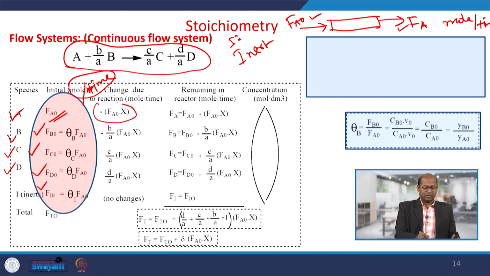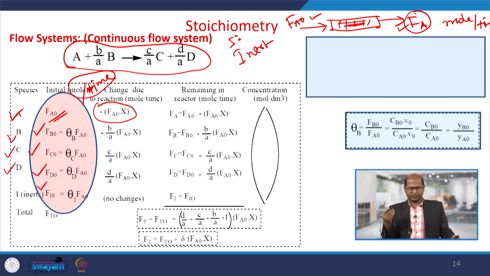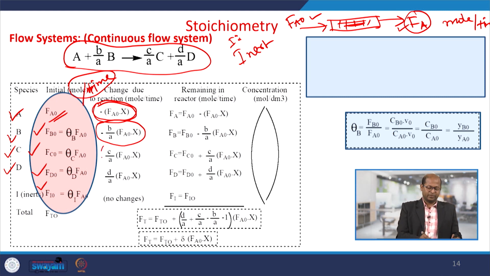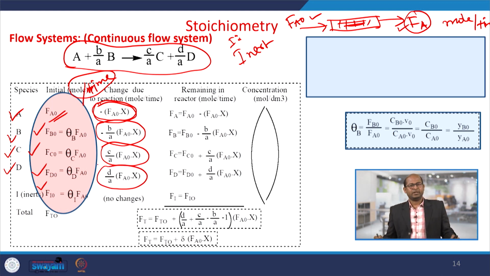After reactions take place inside the reactor, from the exit or outlet of the reactor, if you want to get the concentrations or take out samples and measure the concentrations, then the change in moles per unit time would be minus F A naught into X for component A. Similarly, for component B it would be minus b by a F A naught into X, for component C, c by a F A naught into X, and for component D, d by a F A naught into X. That is the change in moles per unit time over the time the reactant molecules spent inside the reactor and took part in the reactions.